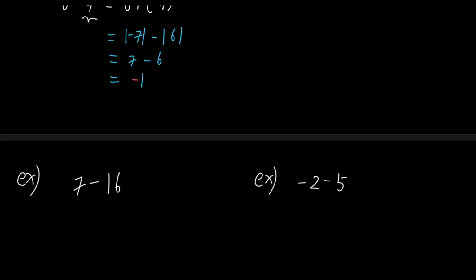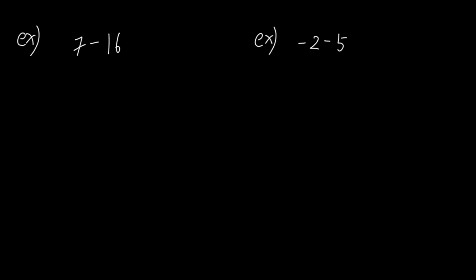Let's see more examples. Here we have 7 minus 16. Again it's subtraction, and we want to use the formula. We use 7 plus the additive inverse of 16, which is negative 16.